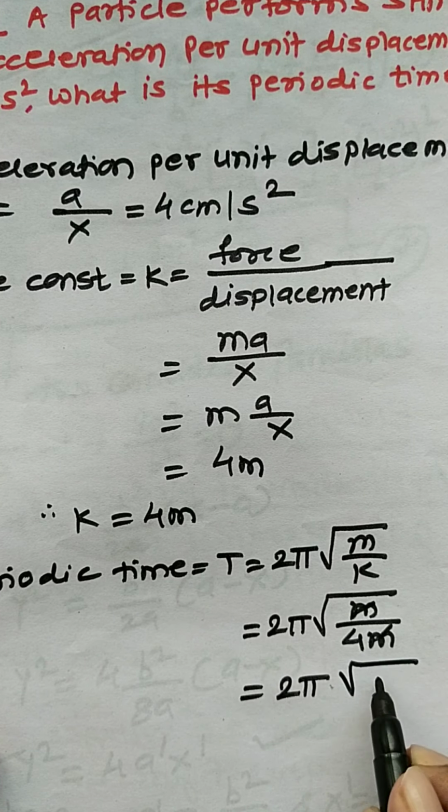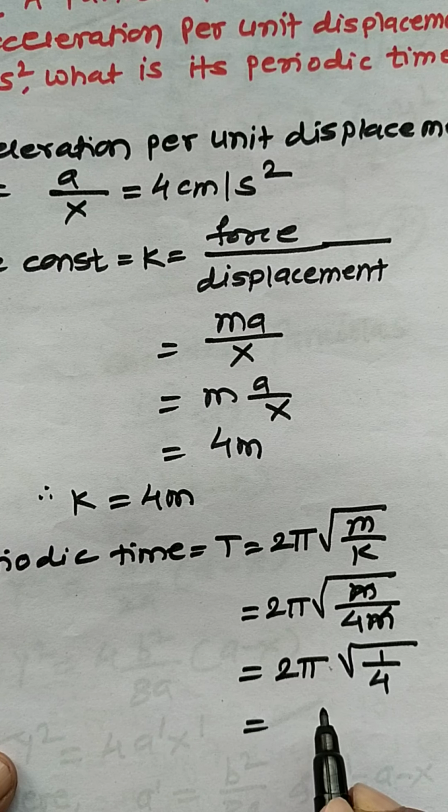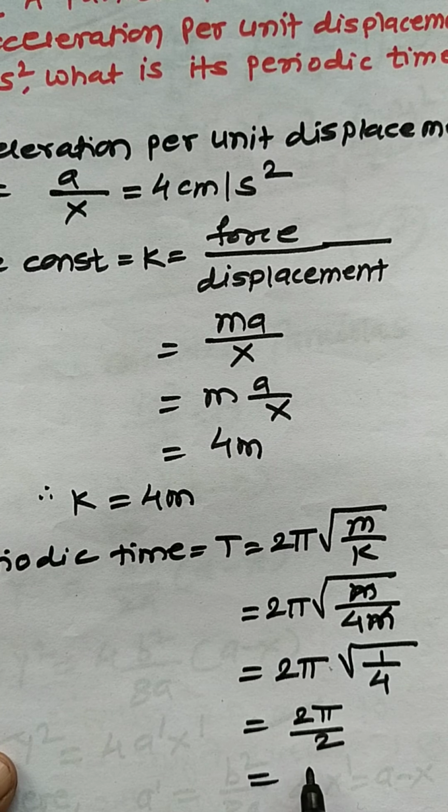When we solve this and calculate, we get 2 pi upon 2, which is equal to 3.142 second.